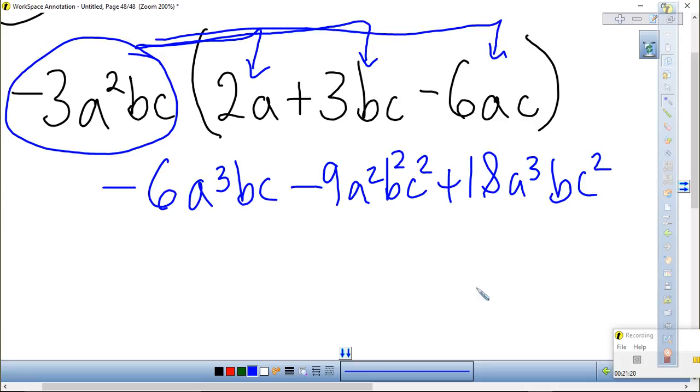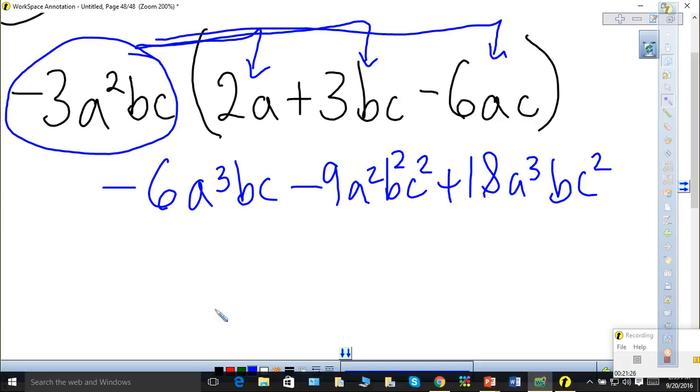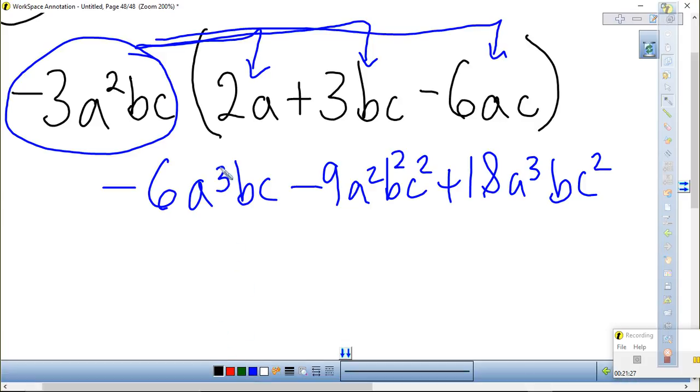Let me check for standard form. This is 5, 6, 6. So far, so good? So how would I write this? Anyways, make sure you write in standard form at the end.